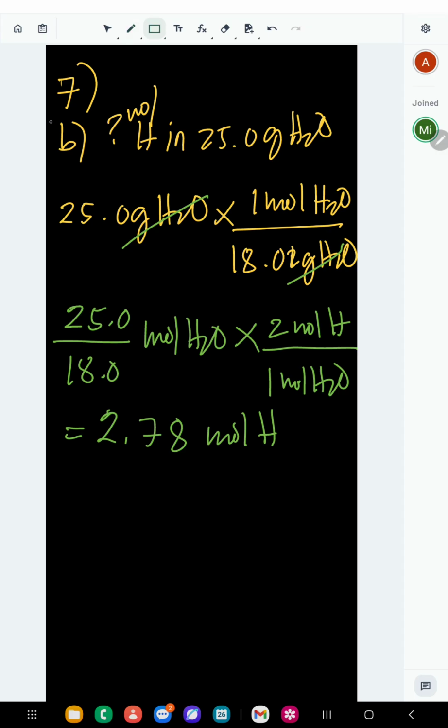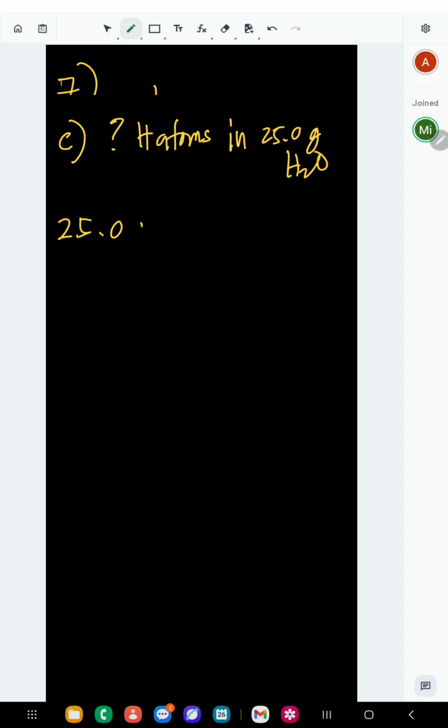Okay, for letter C, this is another one, because we're given the number of atoms. For letter C, how many hydrogen atoms in 25.0 grams water? All right, so we start with 25.0 grams water. Then we convert this to mole water first.